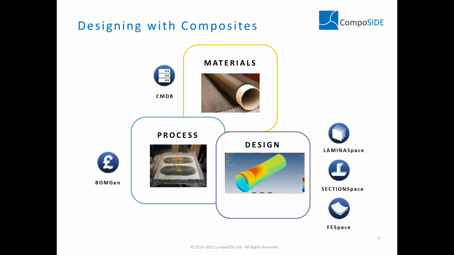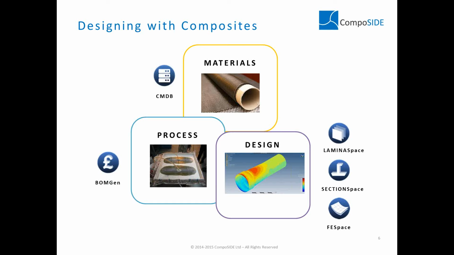Okay, let's start with the first part, the importance of the material data. For all people who are involved in composite design and composite business, it's clear that designing a composite could be quite a complex process. It involves three elements at least, which is materials, process, and design. Those three elements are interlinked, and they need to be designed together, or they need to be investigated together.